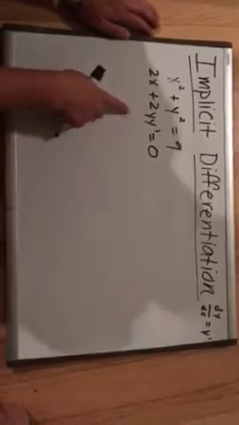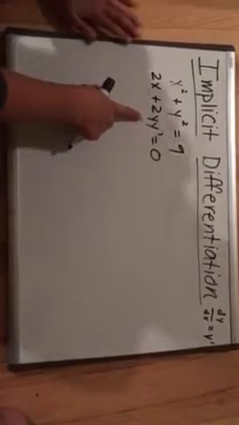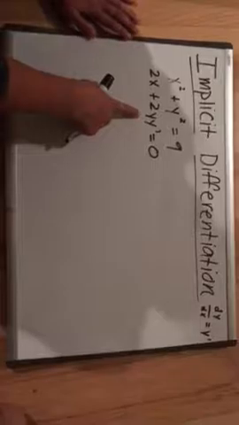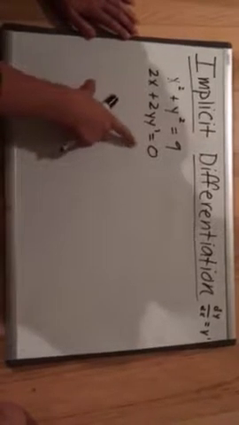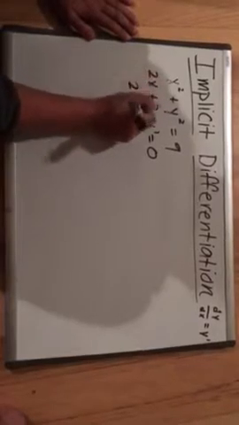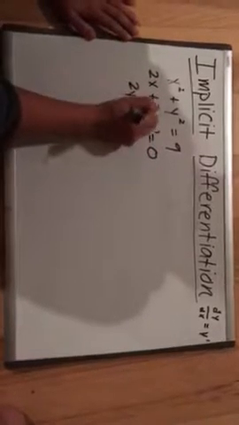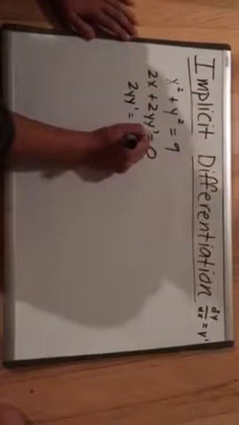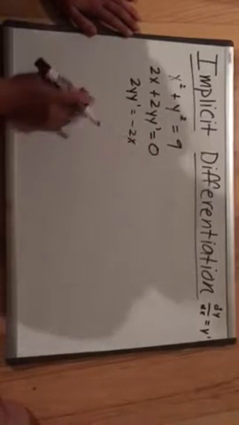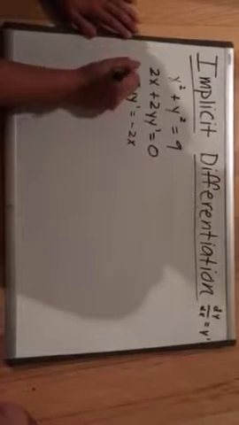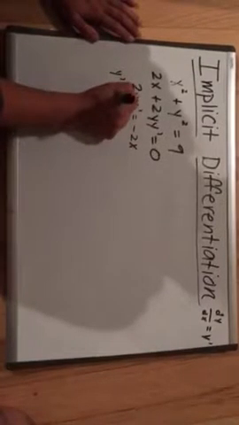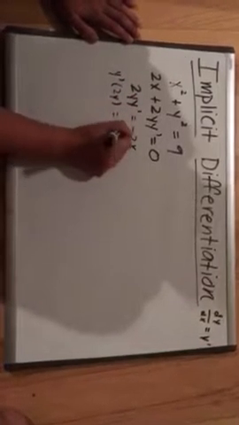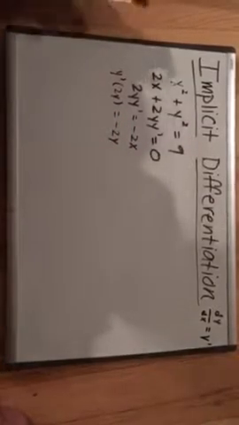So to continue with this problem, I will put all the terms that have y prime in them on the left and all of the terms that do not contain y prime on the right. So it's 2y prime equals negative 2x. Pulling out a y prime, because that is what we're trying to solve for, you have y prime times 2y equals negative 2x.